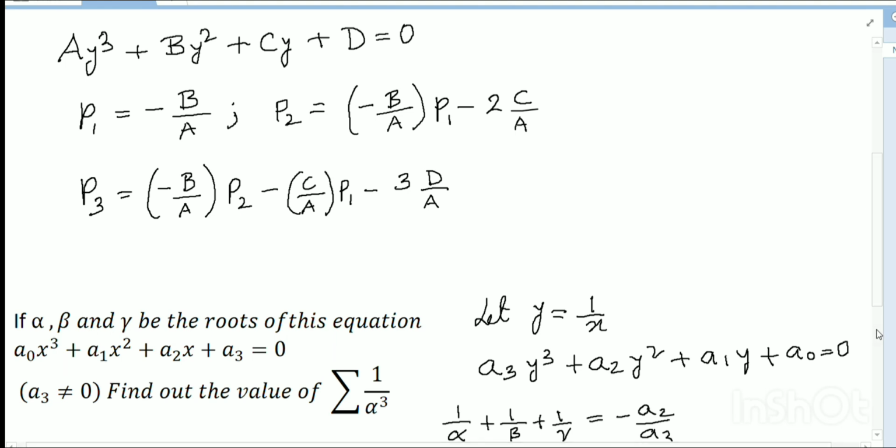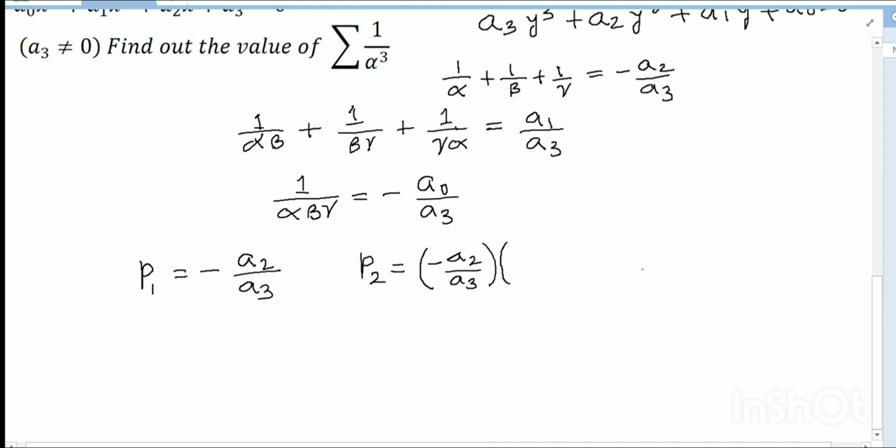So by this formula I can write minus a2 by a3 into minus a2 by a3, because p1 is equal to minus a2 by a3, plus 2 into a1 by a3.